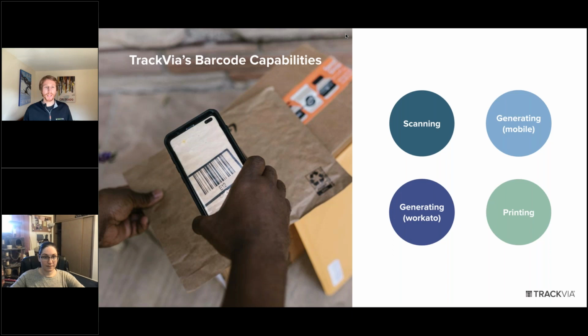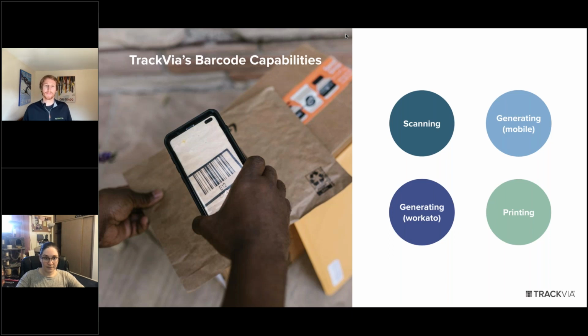There's a barcode on a package, and rather than typing in some long number into whatever app they're using, they just scan the barcode. Effectively, that's a form of data entry. It's going to take whatever value that barcode is built on and enter it into the app that they're using.